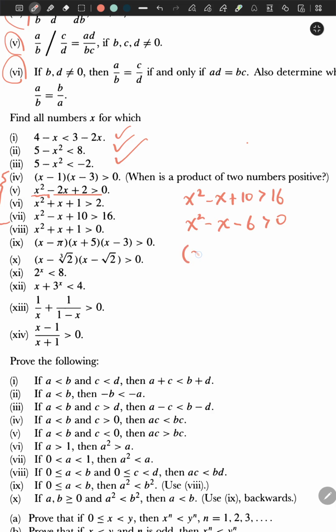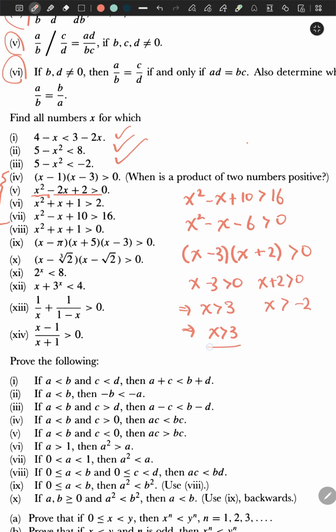This is true when (x minus 3) times (x plus 2) is greater than 0. This is true when x minus 3 is greater than 0 and x plus 2 is greater than 0. That means x is greater than 3 and x is greater than negative 2. This is true when x is greater than 3.